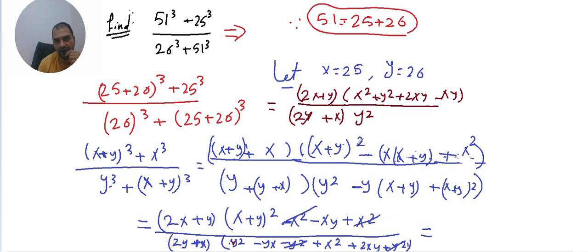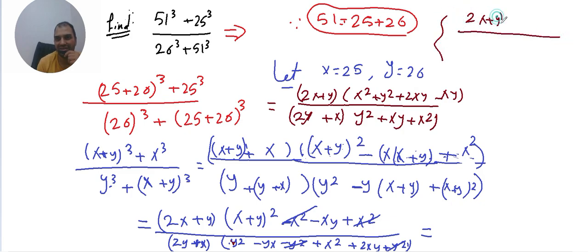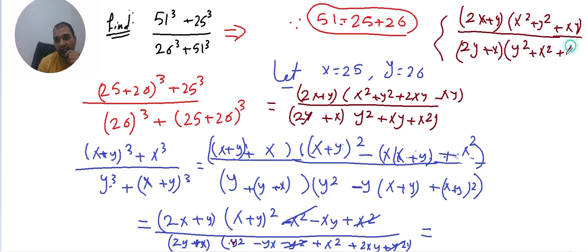Here y squared, negative yx and positive 2yx will be positive xy, plus x squared. Simplifying, the answer will be 2x plus y times x squared plus y squared plus xy, over 2y plus x times y squared plus x squared plus xy.